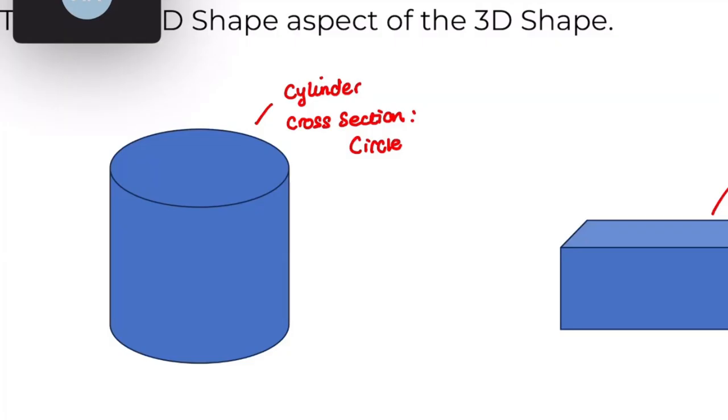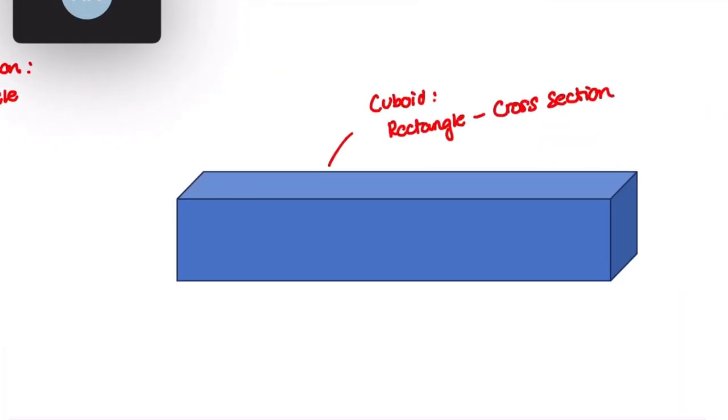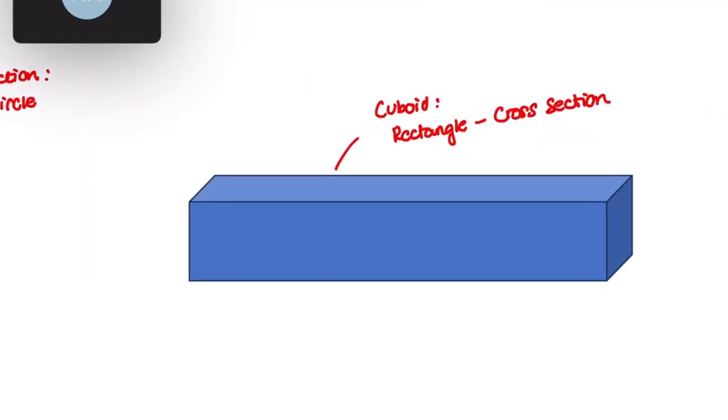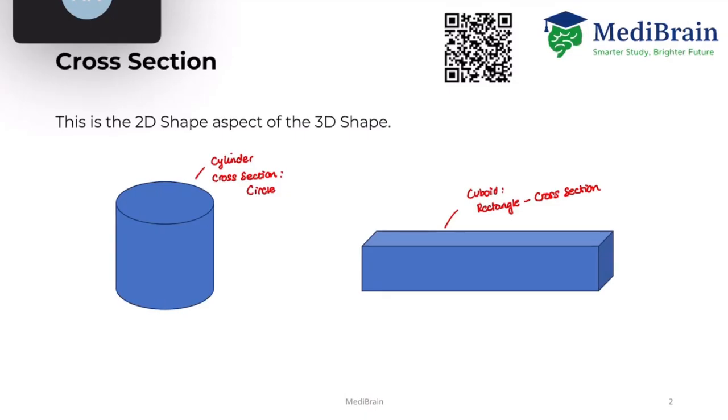So the cross section is just a fancy word for the 2D shape. In this example, the 3D shape is a cuboid, however, the 2D shape that is present is a rectangle. The rectangle is the thing that's being stretched. So the cross section would be a rectangle. The cross section is just a fancy word for the 2D aspect of the 3D shape, the 2D shape that is in the 3D shape.